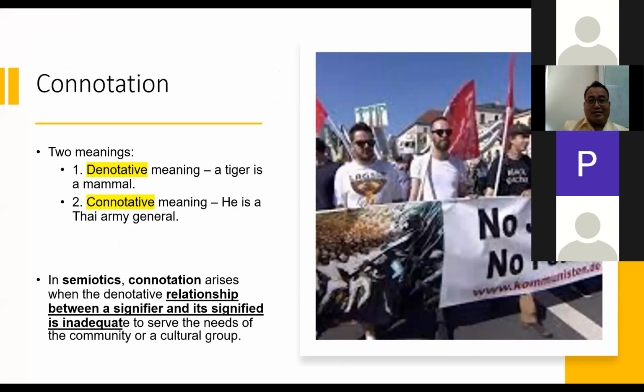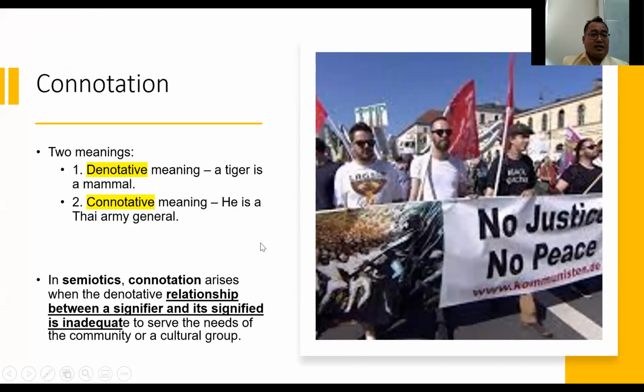Are you with me? So in semiotics, so to speak, we talk about two kinds of meaning. The first is denotative meaning, and the second, connotative meaning, is in the exam. Now you have to pay attention.